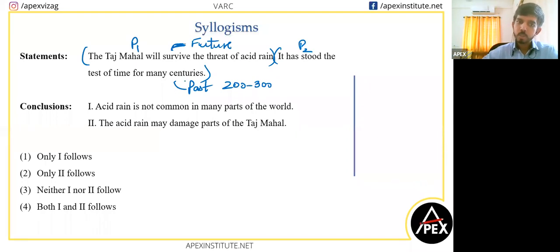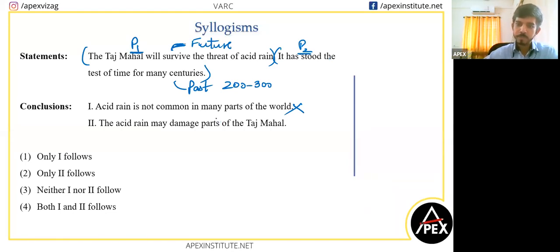Okay. So now from these two statements, can we say acid rain is not common in many parts of the world? This is a completely unrelated statement because this is talking about acid rain in other parts of the world. Our author is talking about two premises only in Taj Mahal. Okay, it's not talking about acid rain in different parts of the world.